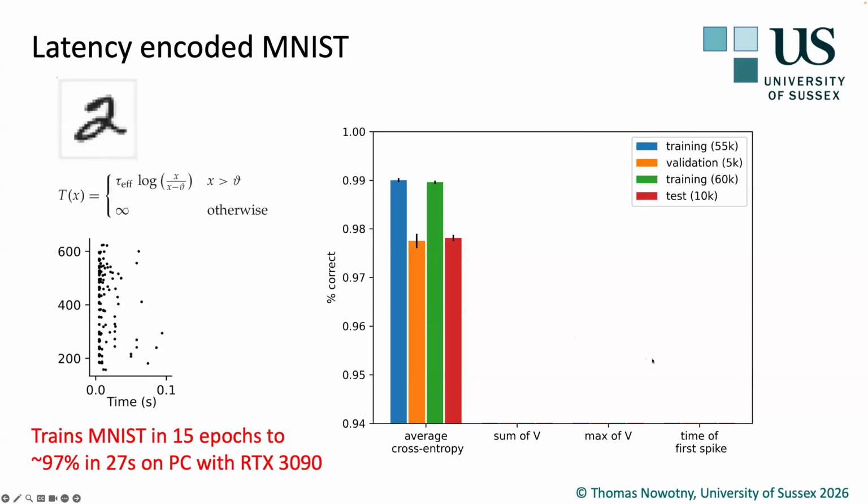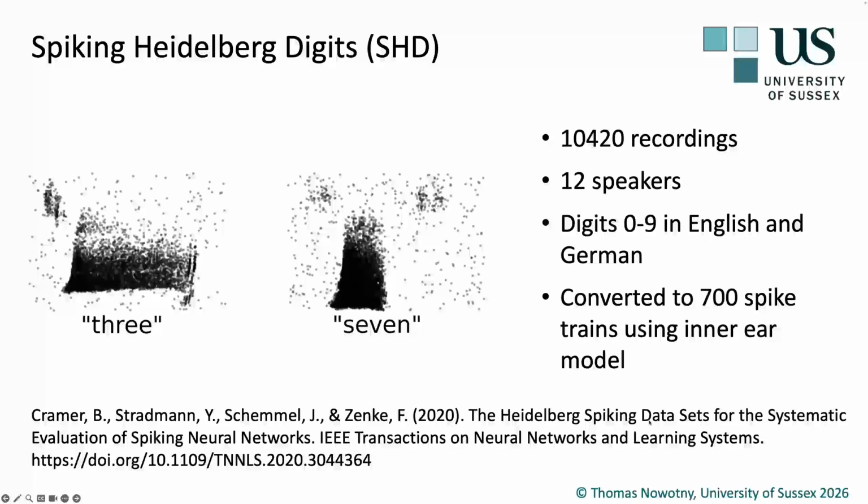Good. That's the easy stuff. Now you can move up from there step by step. One step up is speech recognition, and we have worked on the so-called Spiking Heidelberg Digits. That's the problem where people have gone to a sound studio and spoken digits. So it's not images anymore, but people just speaking into a microphone, 1, 2, 3, 4, and so on, both in English and in German, actually.